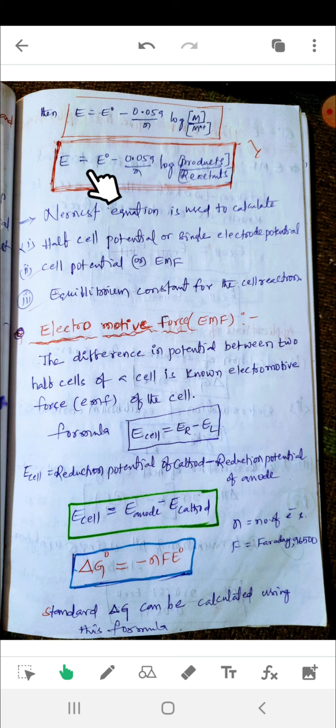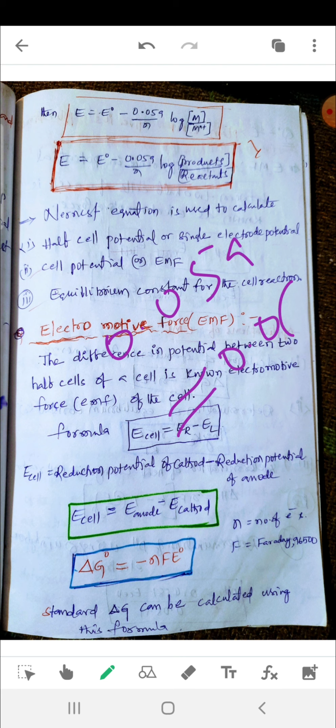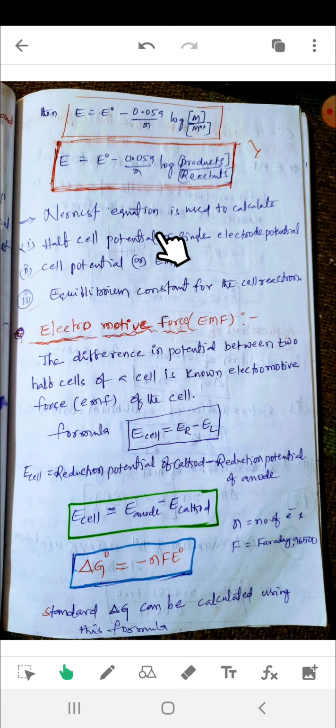The final Nernst equation to remember is E cell equals E naught minus 0.059. Sometimes we write 0.059 as 0.06 for convenience in calculation. So no problem, just remember this equation.